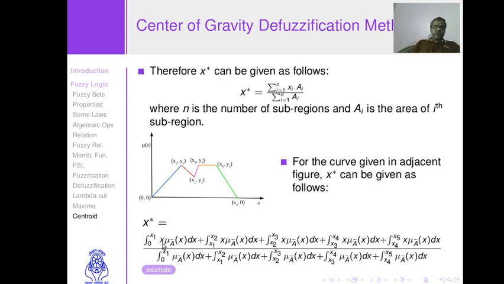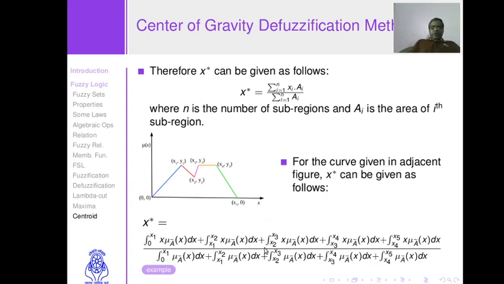That's why we have taken this integration from 0 to x1. For the next segment, the integration is performed from x1 to x2, and so on: 0 to x1, then x1 to x2, x2 to x3, x3 to x4, and x4 to x5.